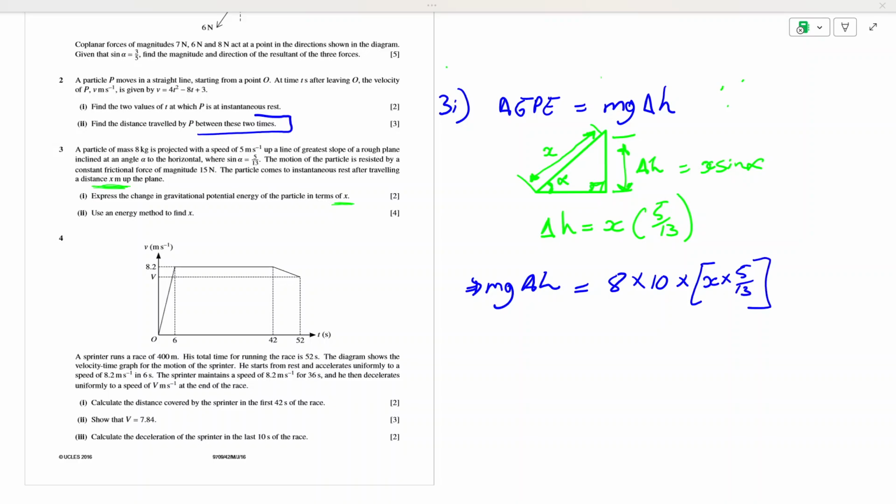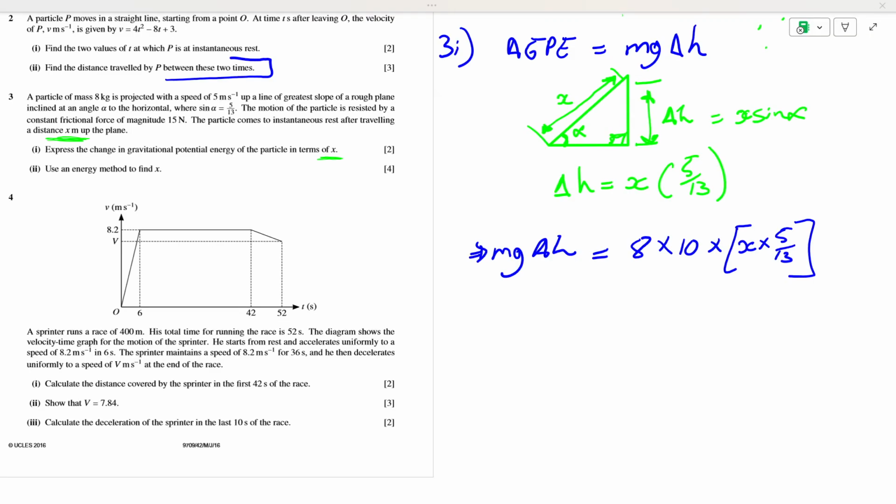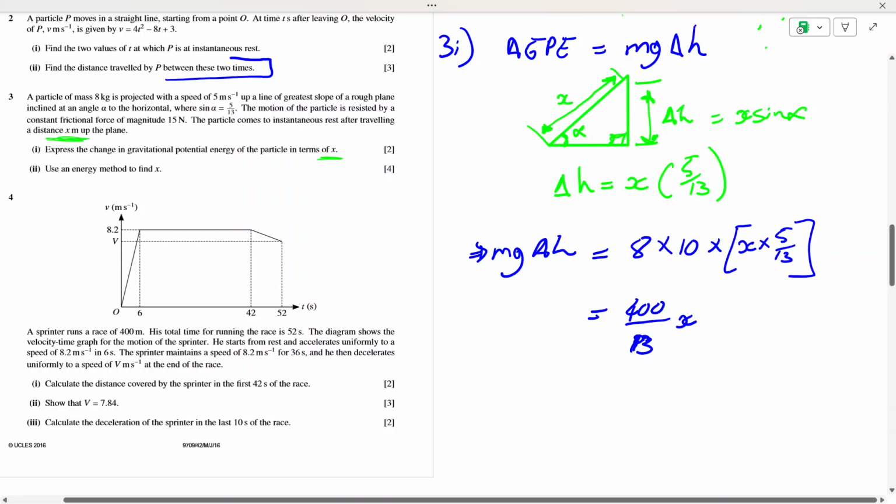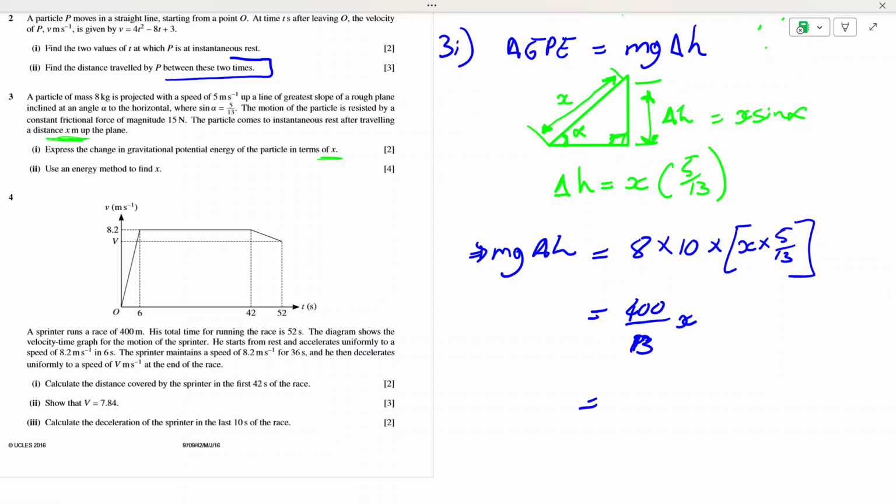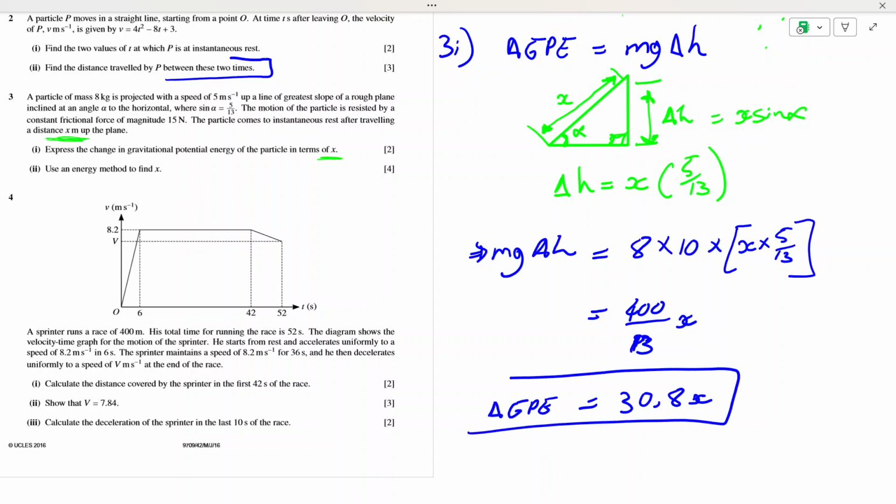Then when I plug that in the calculator, you get 400x over 13, like that. Or you could write it to three significant figures as 30.8x. That's your change in GPE, right? Okay, great.